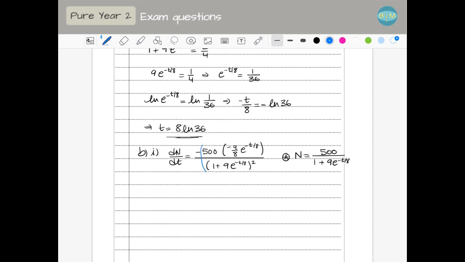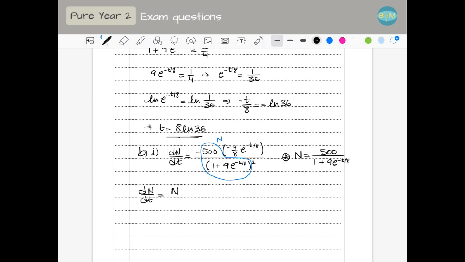So I can see that this, together with one of the factors in the denominator, is n. So I can write so far that dn by dt is minus, well, I have this minus and this minus, so they are gone. I'm not going to write the minus anyway.